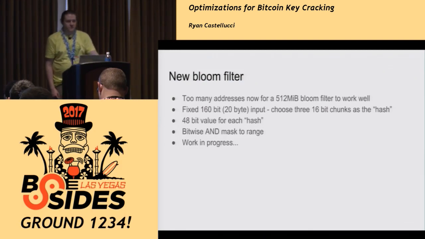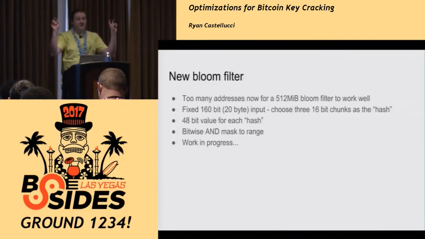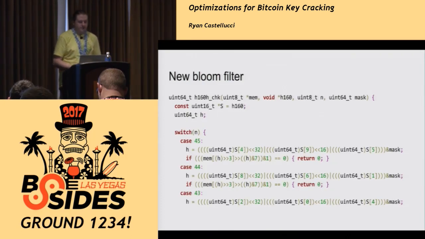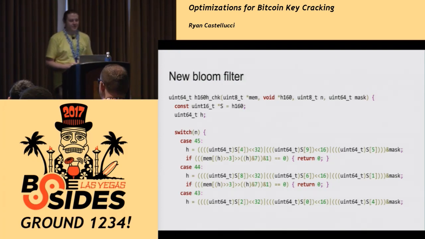A 32-bit Bloom filter with 20 hashes starts to have a lot of false positives. So I am writing some new code that works around this problem, which looks like this. I wrote a Python script that actually generated this. I didn't type all of this out by hand.